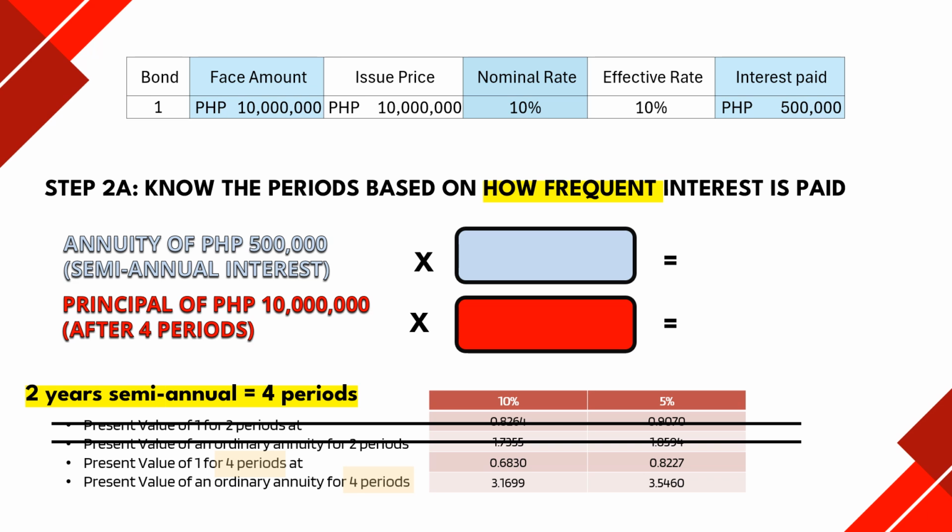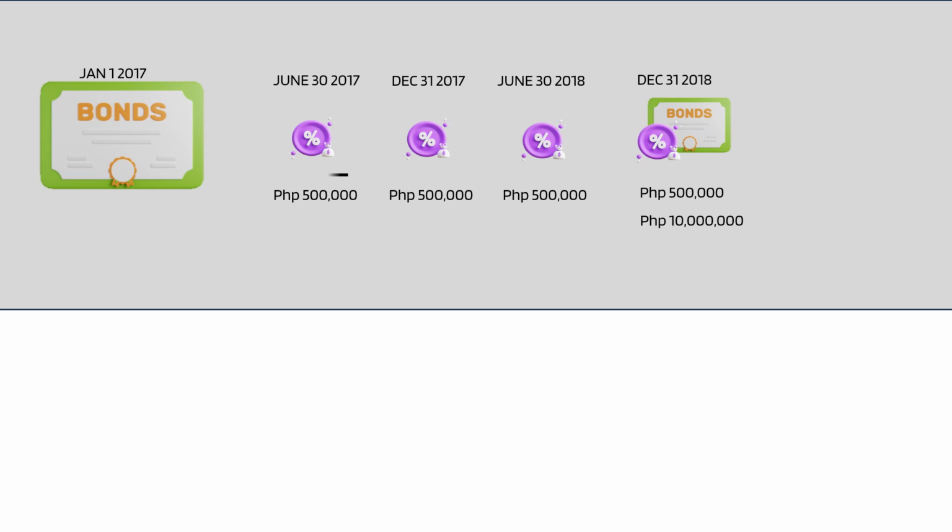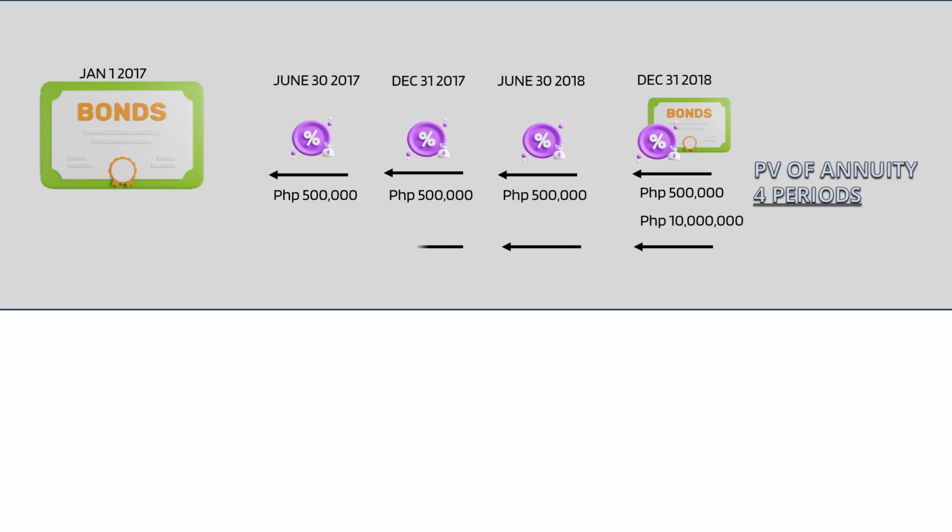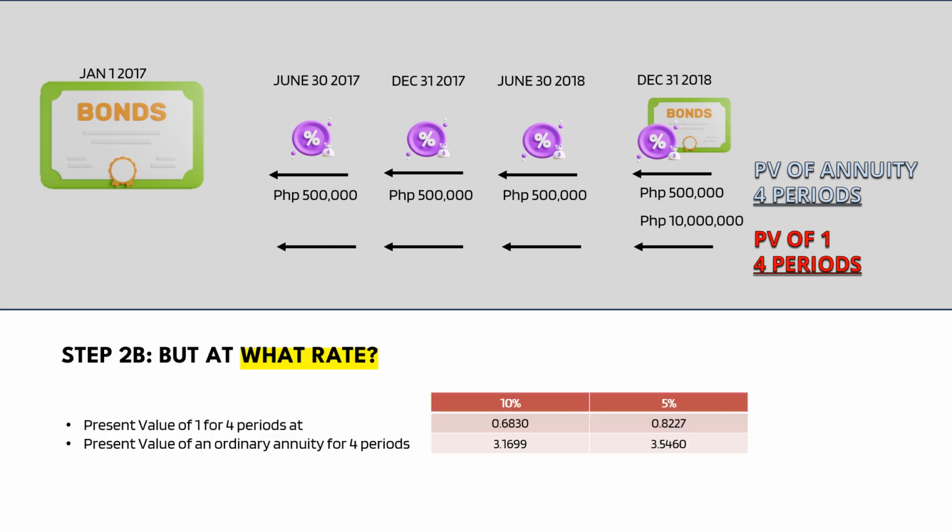10% or 5%? We want to bring it back, so we use the PV of the annuity for 4 periods and the PV of 1 for 4 periods.